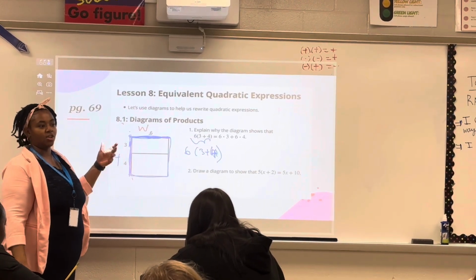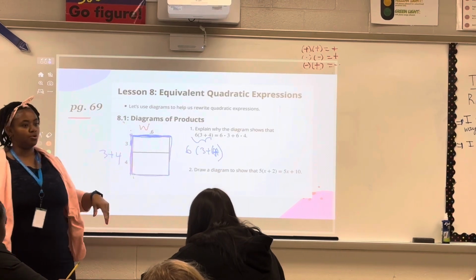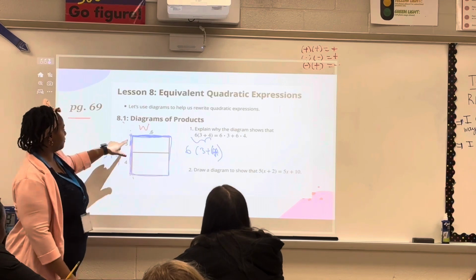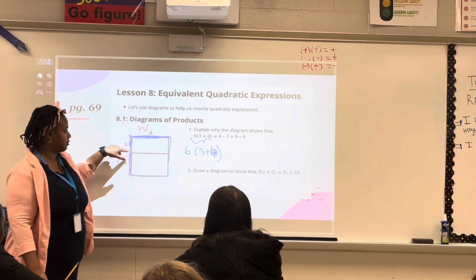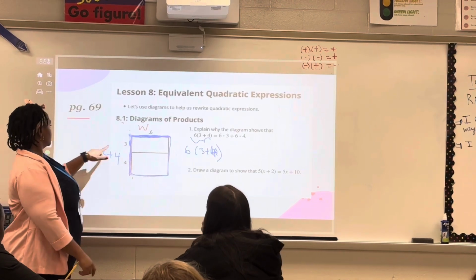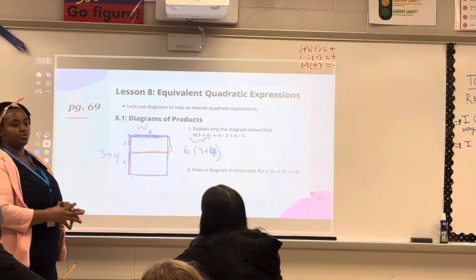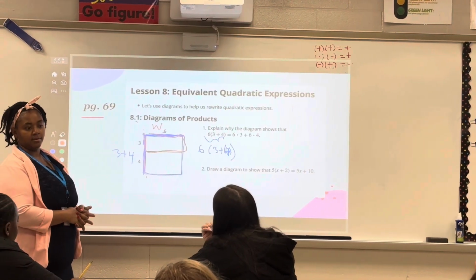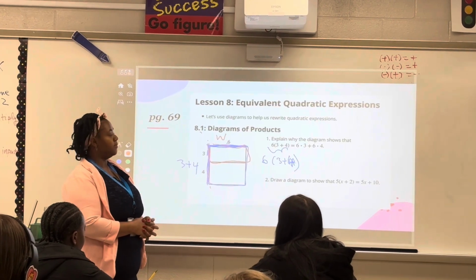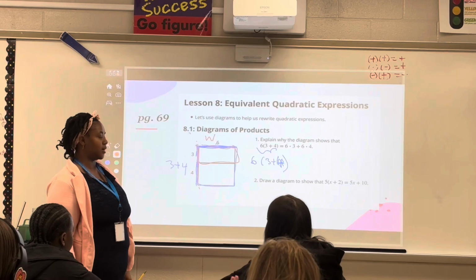Right here represents what? The area of the big shape. Okay? So what's another way we can find the area of this shape? How many shapes do you see here? Is it 2? Okay, so we have this small rectangle and another rectangle. So what's the area of the one that I just drew in red? You said 18.